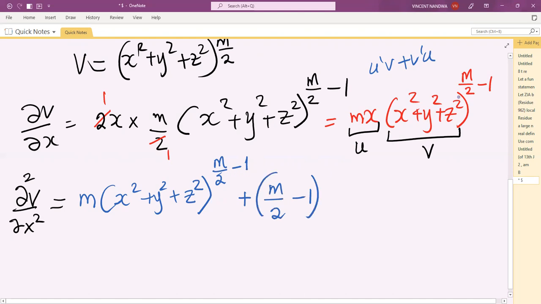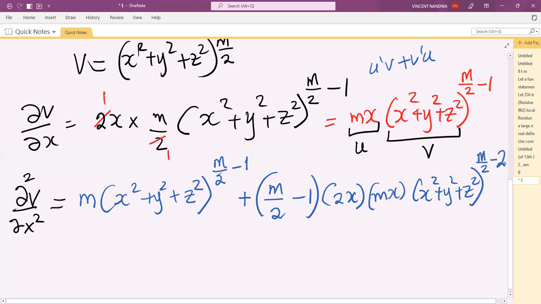So drop the power, and then differentiate inside, we get 2x, and then you multiply by u, we get mx, and then now we multiply by this bracket, x squared plus y squared plus z squared, but then the power you subtract 1. So m over 2 minus 1, we get 2.